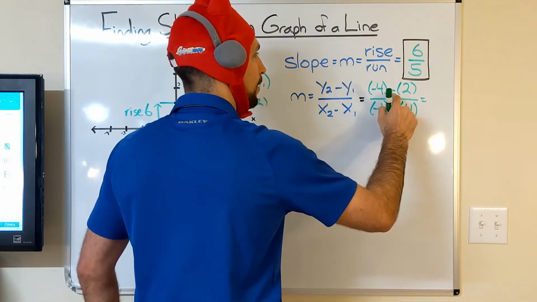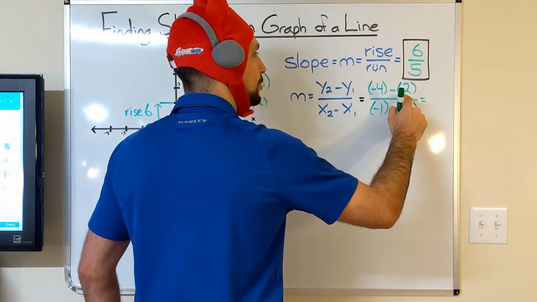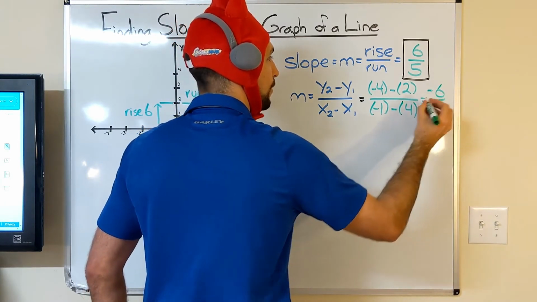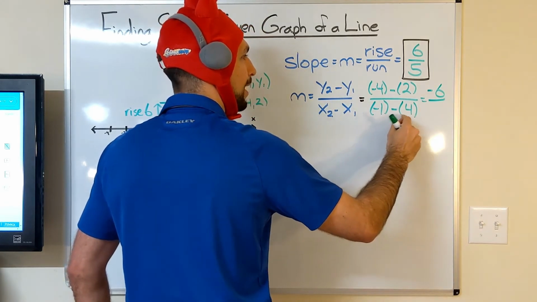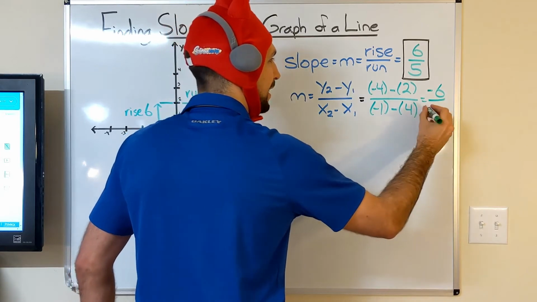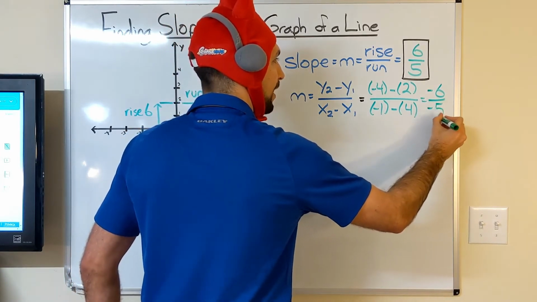So -4 minus 2, going 2 deeper into the negatives, is -6 over -1 minus 4. Started at -1, going 4 more into the negatives, -5.